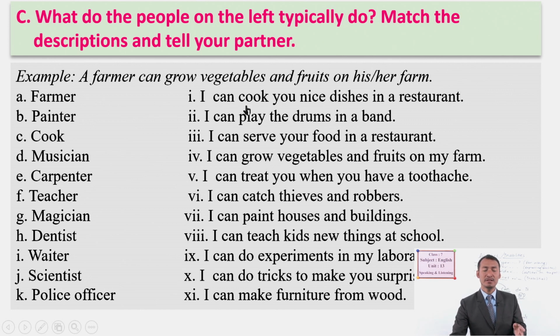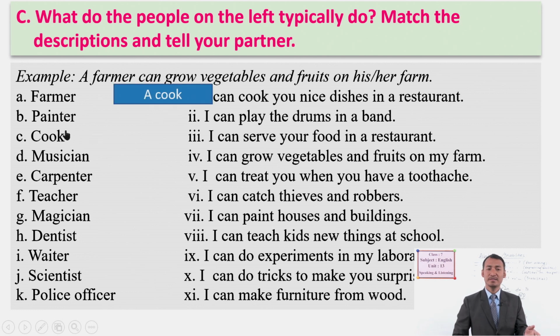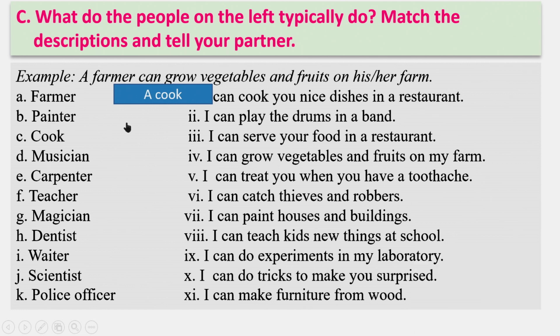For example, the first is, I can cook nice dishes in a restaurant. Who can cook? Can you guess? Definitely a cook. It's so easy. A cook can cook you nice dishes in a restaurant. And who can play the drums in a band? A farmer? No. A painter?